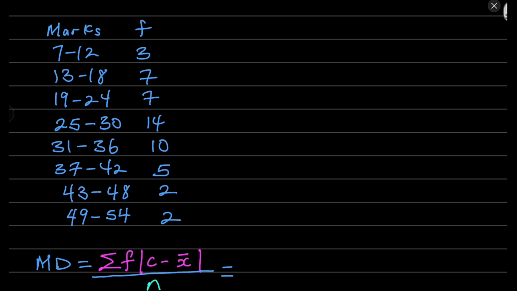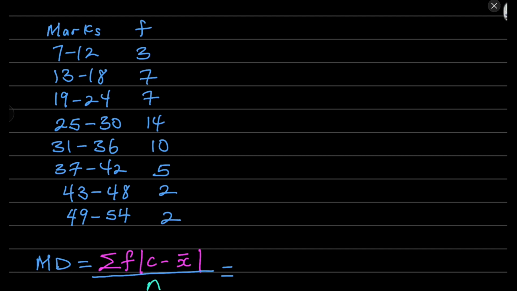So we have the formula at the bottom left of the screen, the mean deviation and all of that, and the first thing you need to do is to find x bar. X bar means mean.